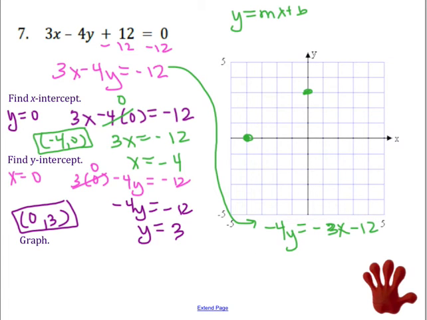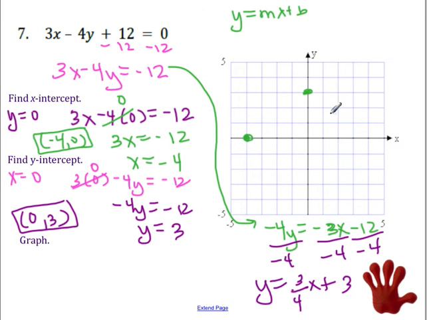And then I would divide everything by negative 4. So I have y is equal to negative 3 divided by negative 4 will be positive 3/4 x. And then negative divided by negative will be plus 12 divided by 4 is 3.